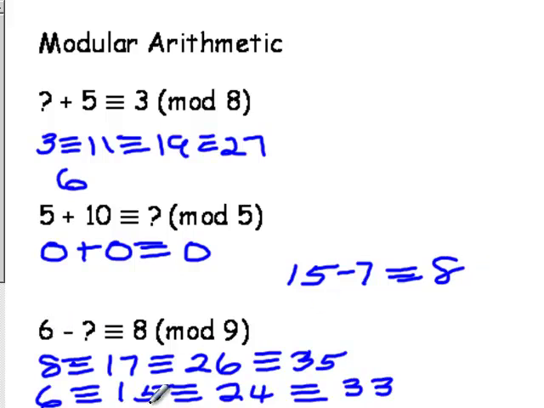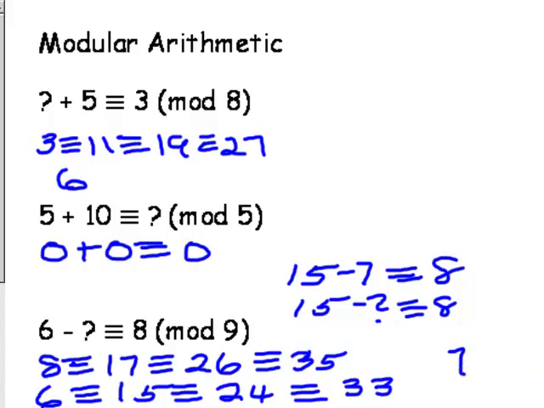Six is congruent to 15, so I'm just replacing the 6 with a 15, and then I'm asking, what can I subtract in order to get 8? And I know that would be 7. So 6 minus 7 is congruent to 8. So our answer here is 7.